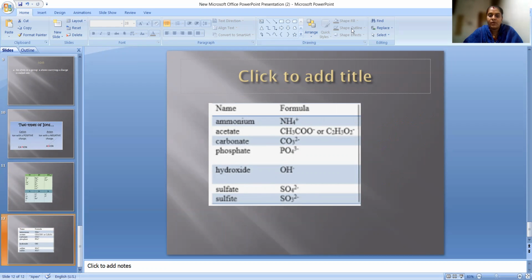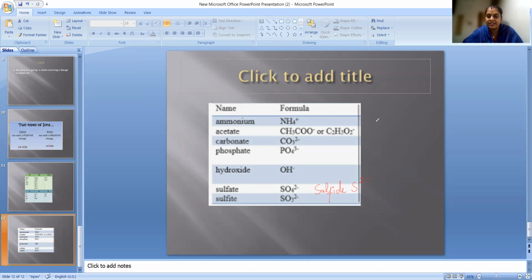Here you need to know one more thing. Sulfate is SO4 2 minus, sulfite is SO3 2 minus, and there is also sulfide. Sulfide is sulfur 2 minus. Don't confuse between these three.